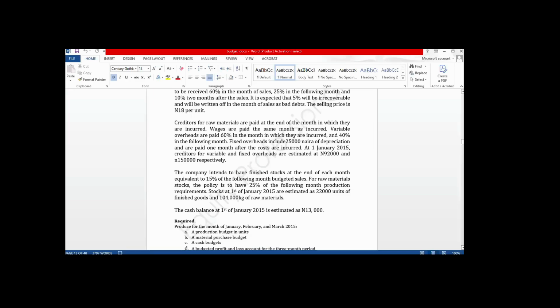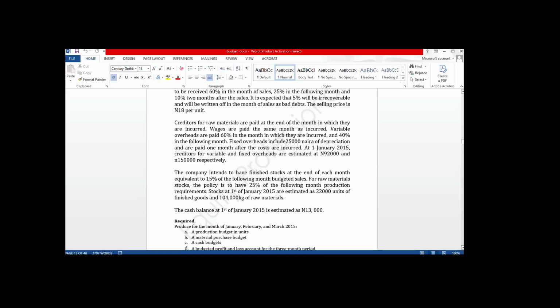Variable overhead are paid 60% in the month in which they are incurred, and 40% in the following month. Fixed overhead include 25,000 naira of depreciation and are paid 1 month after the costs are incurred.